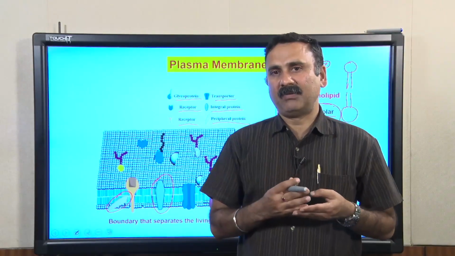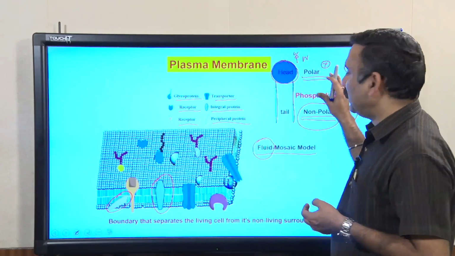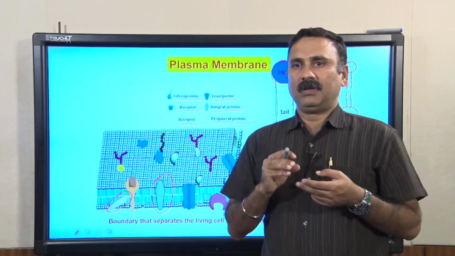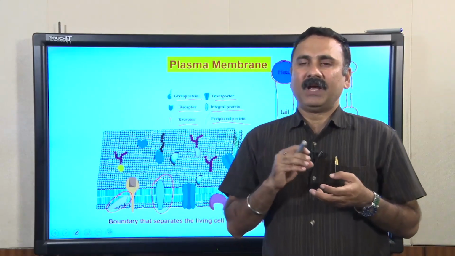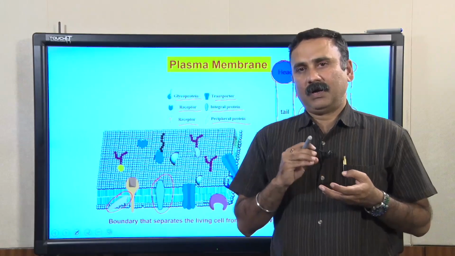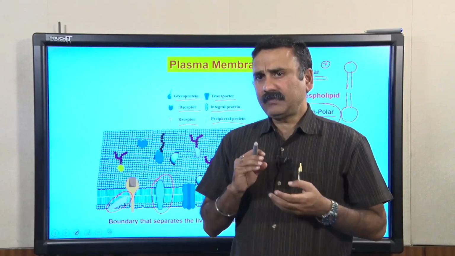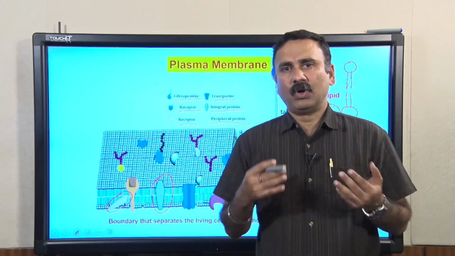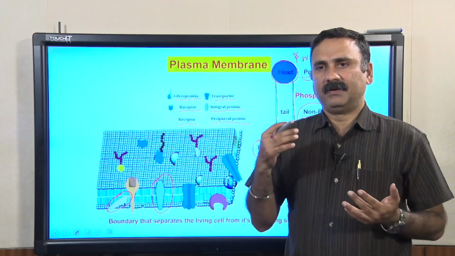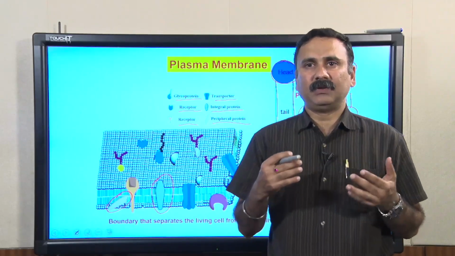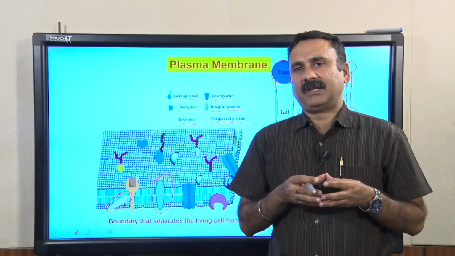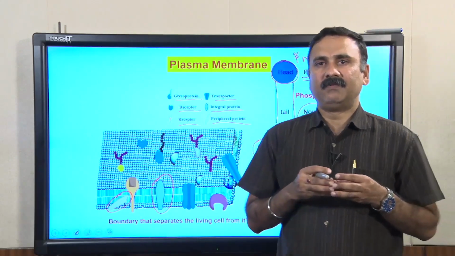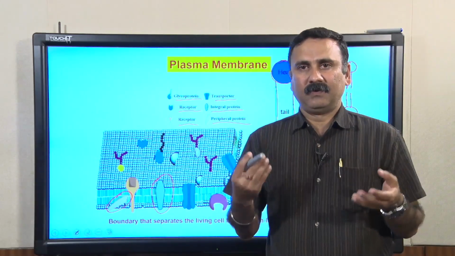Apart from the phospholipid, the plasma membrane also contains cholesterol, sphingosides, and other kinds of non-polar lipids. The composition of these lipids can be modulated under different environmental conditions so that it protects the cells from different types of environmental as well as other kinds of damage.